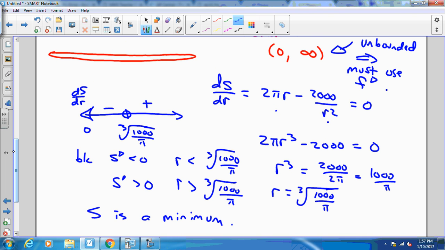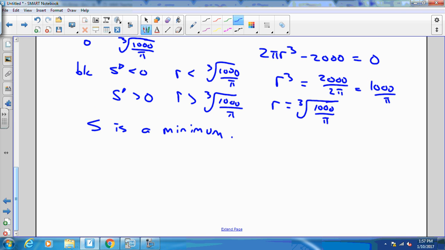Let's just check that and make sure that it makes sense. Yes, we are decreasing, then increasing. So there is a minimum at r equals this guy right here.